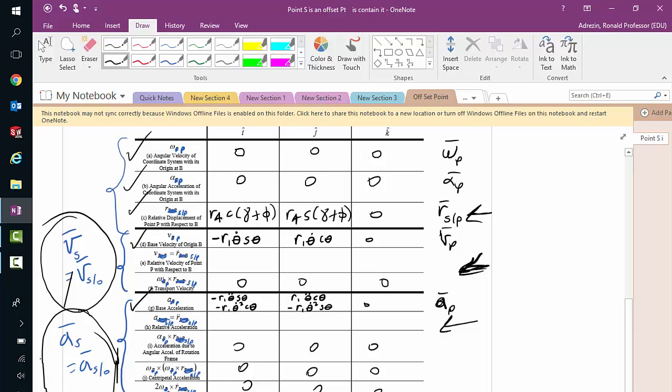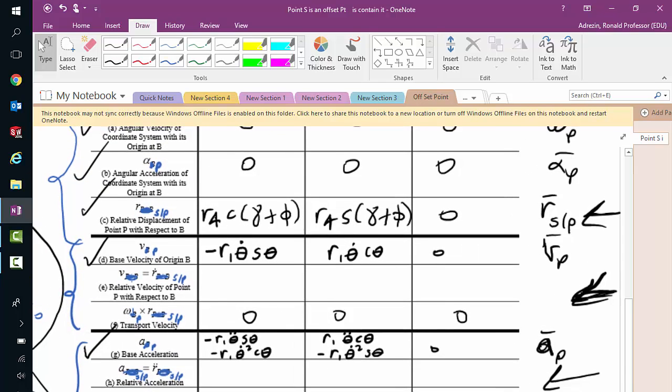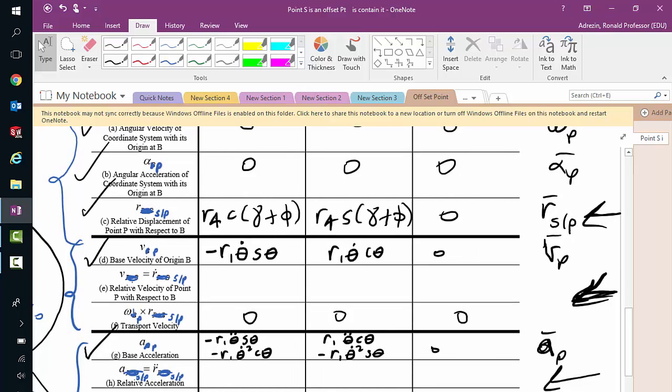So let's take the derivative. What is different here than what we've done before? The derivative of cosine is minus sine. What's the derivative of that gamma plus phi with respect to time? Well, gamma is constant, so all we have is a phi dot. Similarly here, we have R4 cosine of gamma plus phi, and it's just phi dot, because gamma is constant.